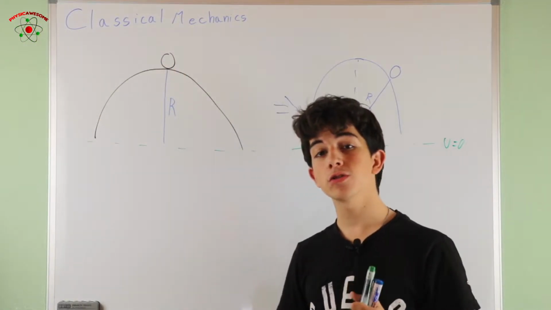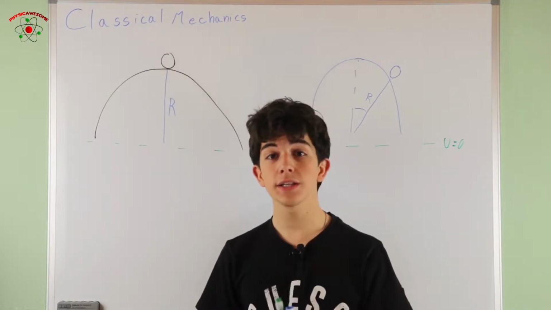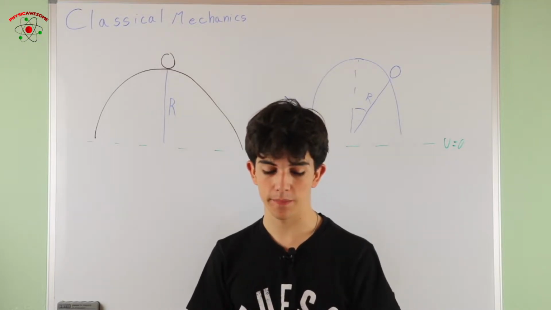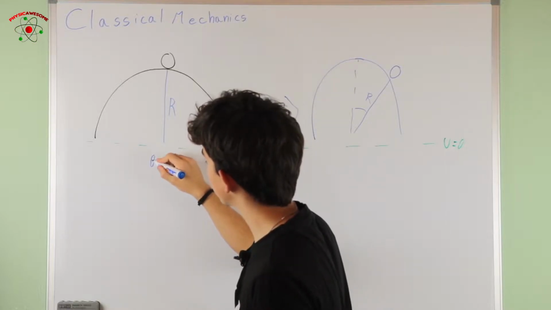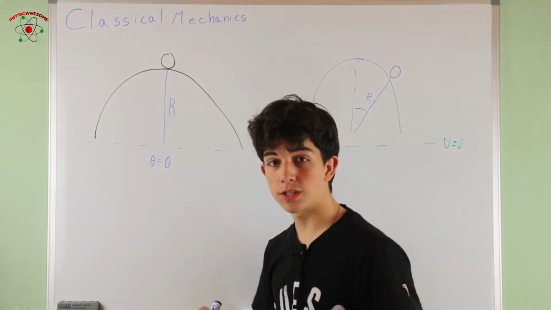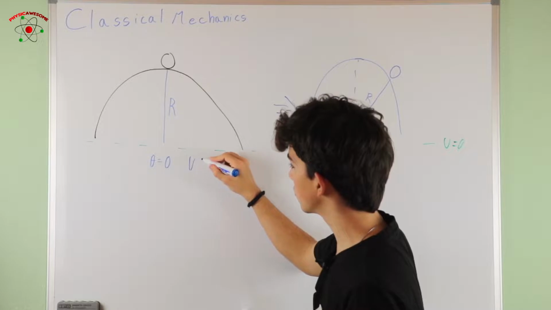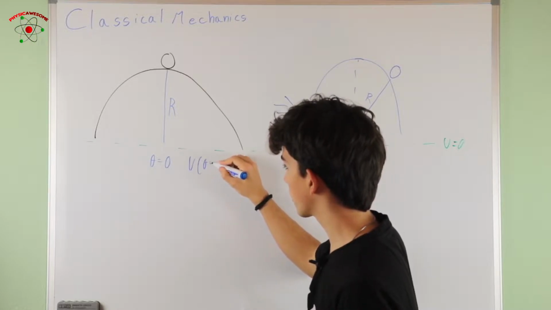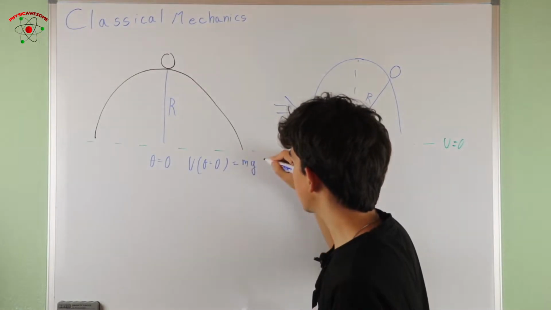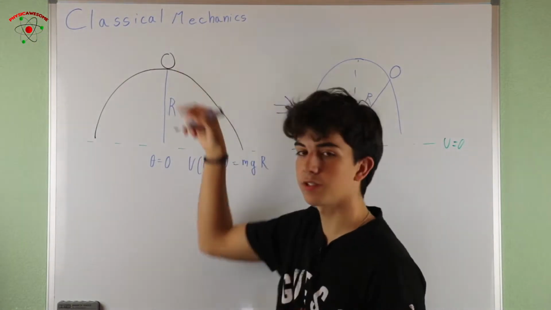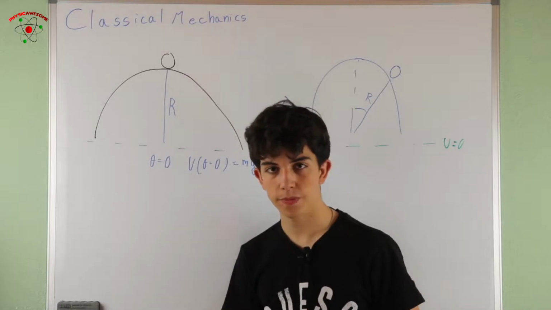However, we are going to express it for simplicity in terms of our angle theta. At theta equals 0, our potential energy is going to be equal to mgr, because it's the height at which the ball is.